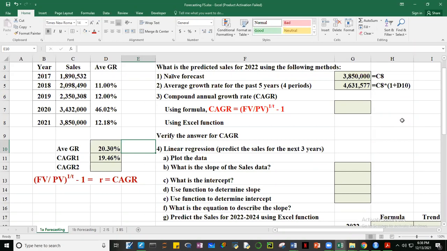Of course, na-truncate yan, ano? It should be more than that. Naka 2 decimal places lang siya.